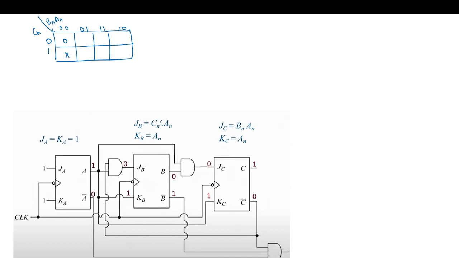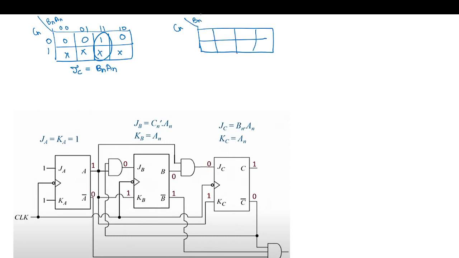Now we are designing this circuit from the state transition diagram with the specification. So J should be Bn and An.